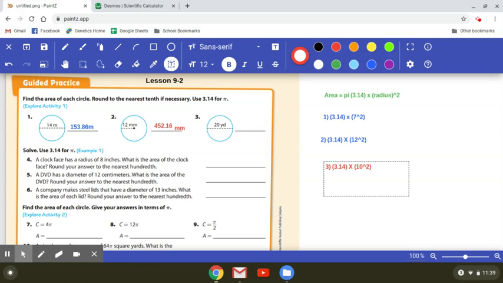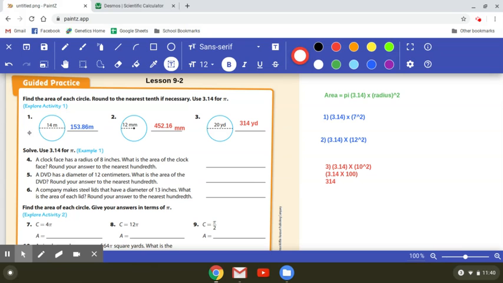If you're not good at math in your head, you can do this on the calculator, but 10 squared is 100, so that's just 3.14 times 100. Move the decimal over, so our answer is 314 yards.